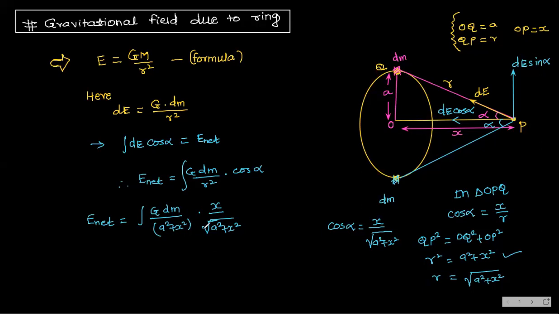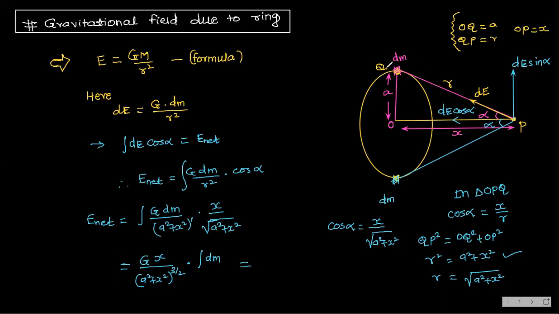Now see, here the only variable is m, dm, everything is constant. So I'm taking everything out. So what you will get? G x divided by, this is nothing but power 1 and this is nothing but 1 by 2. Shall I write like this? A square plus x square whole power 3 by 2 into integration of dm. Is that clear? And now this integration of dm means what, Ray?